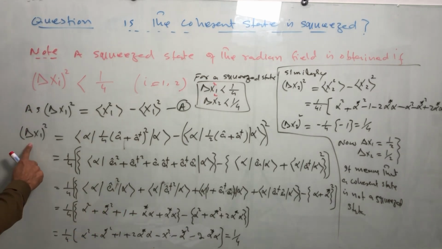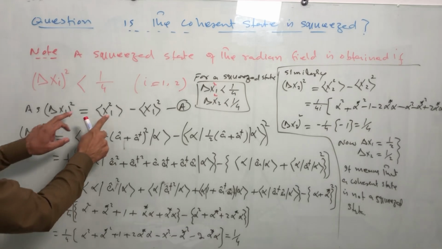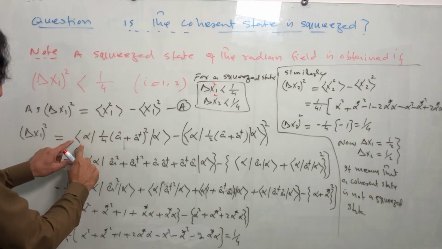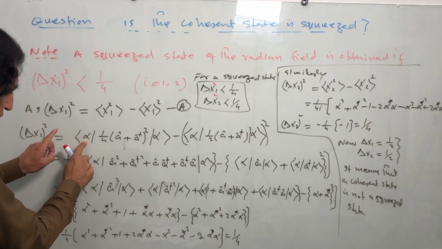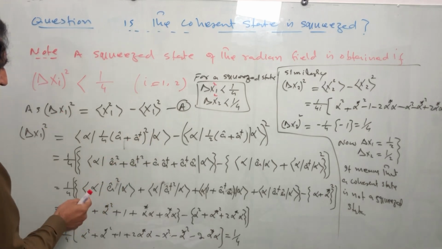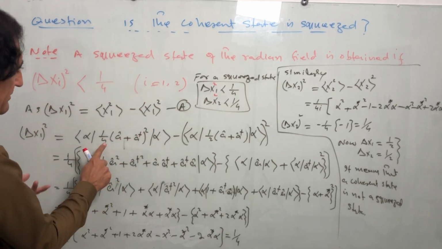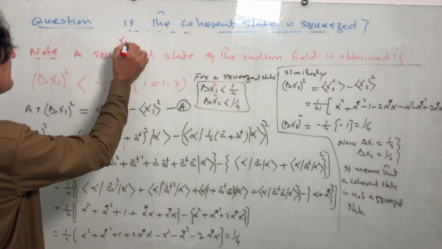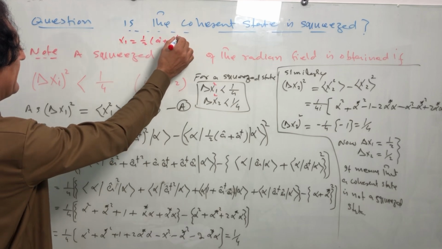Starting from this, I will take a coherent state, because the average is taken of x1 squared, and the state is coherent, so I apply the coherent state from this side and this side, because this is the expectation value. We know x1 is equal to 1/2 (a plus a dagger).